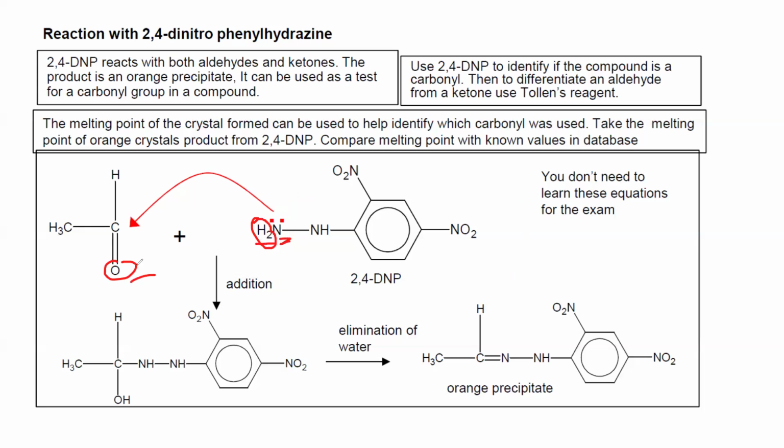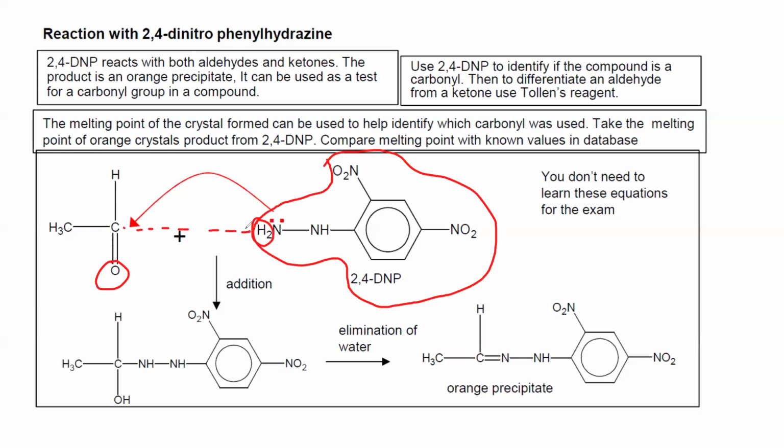And this nitrogen will form a bond with the carbon. As you can see here, this is 2,4-dinitrophenylhydrazine, and the two hydrogens from here and the oxygen from here are removed, and there will be a bond between the carbon and the nitrogen.